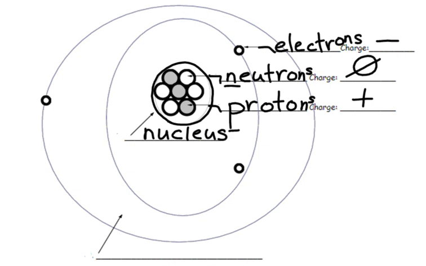My electrons do not go inside my nucleus. Instead, my electrons are in the electron cloud. And now I have labeled all of the parts of my atom.